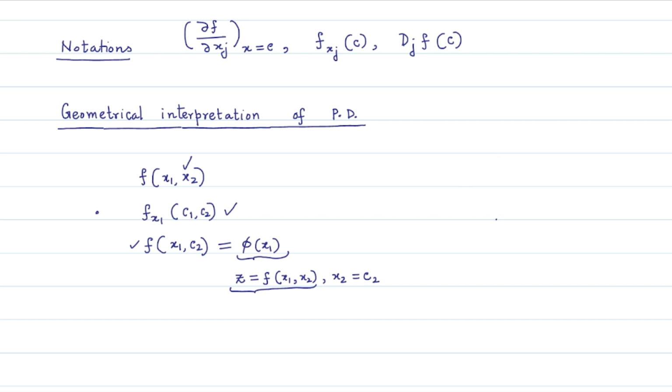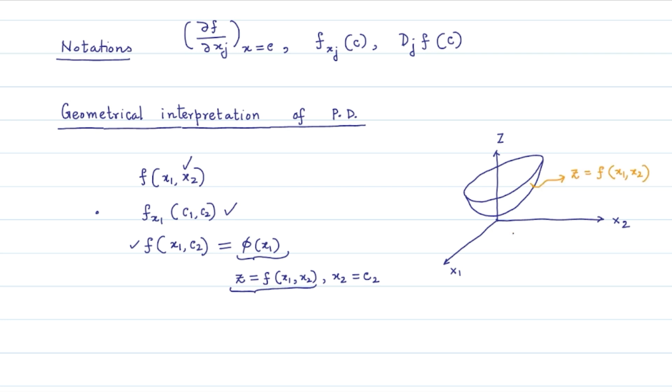Let's suppose the surface z equal to f(x1, x2) is this one, and the location of the point c1 c2 is somewhere over here. Say, let's suppose this is the vertical plane x2 equal to c2.